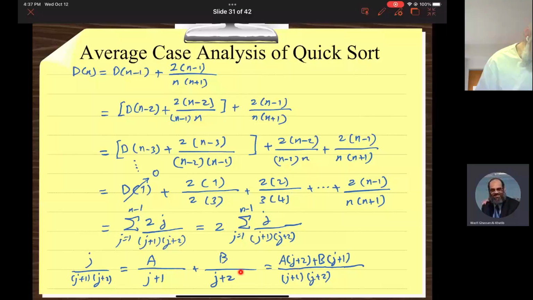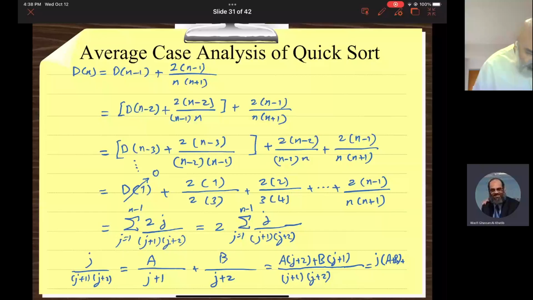So this is exactly the same as the original. Now, if I want to unify the coefficients of j and the constant, this will be equal to j multiplied by a plus b, plus 2a plus b.